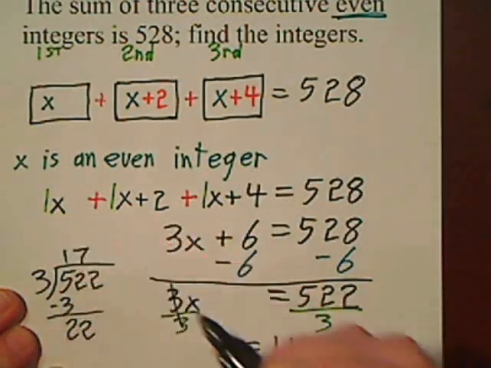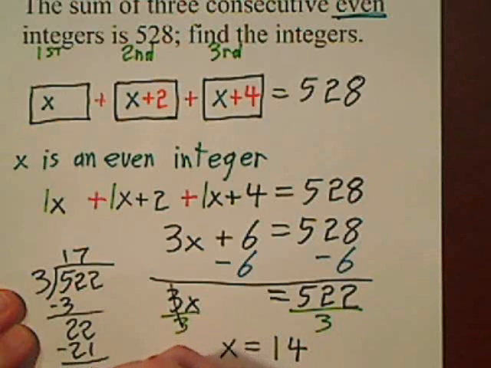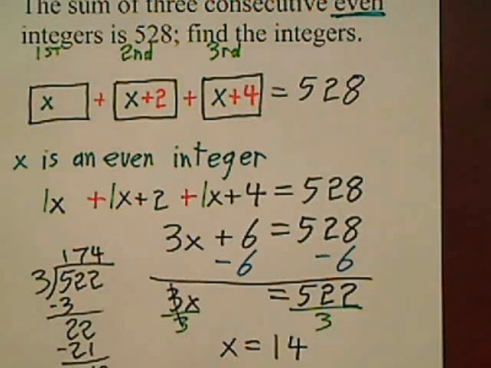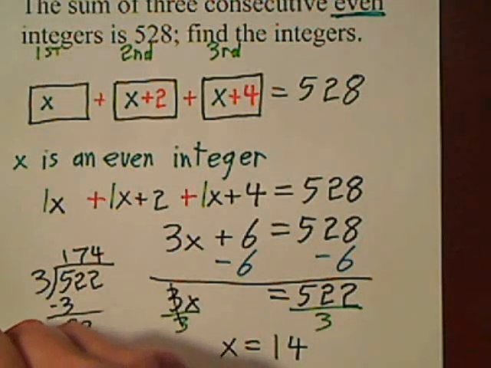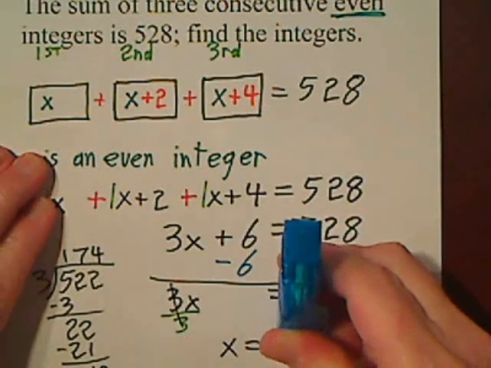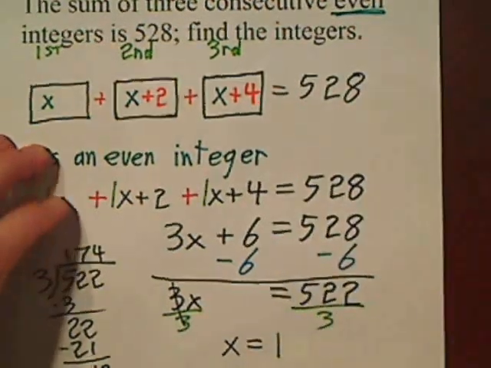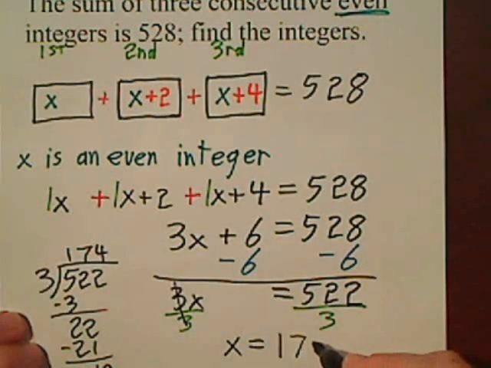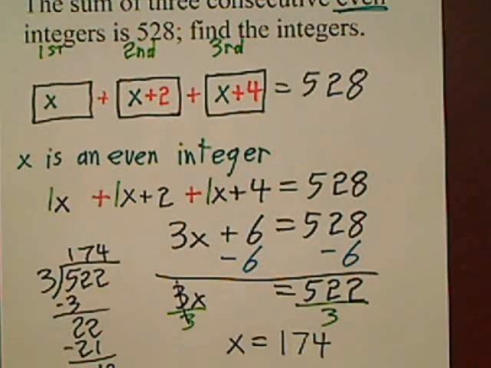So 3's going in there 7 times, right? And then a 4. So that's 174. We've figured out what x is, but we still have to plug it back in.